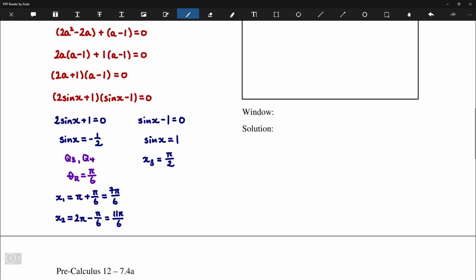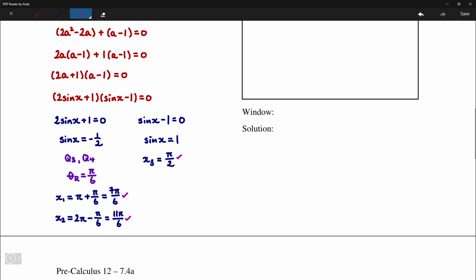We can think about it as sine theta is related to the y-coordinate in a unit circle, and the y value is equal to 1 when the angle is pi over 2. So in total, we have 3 solutions, and they are 7 pi over 6, 11 pi over 6, and pi over 2.